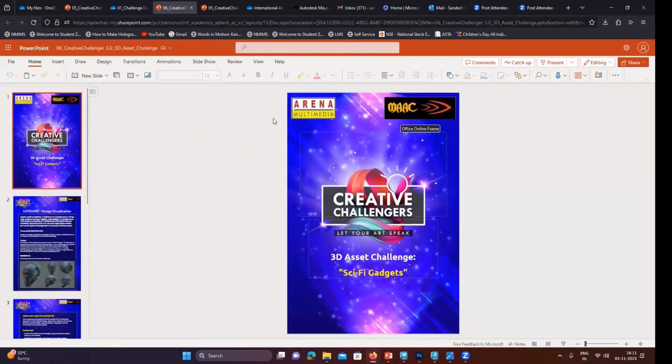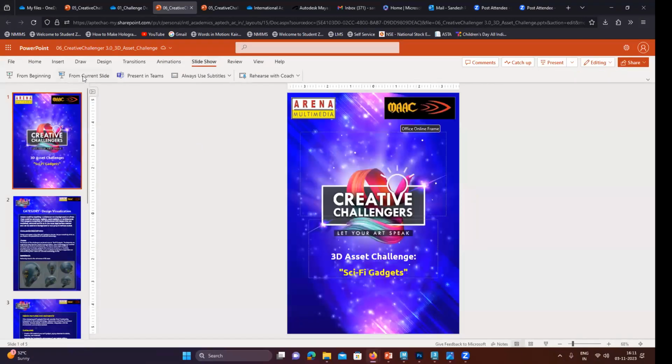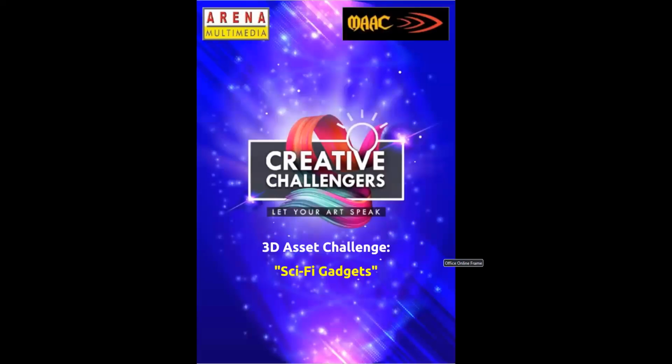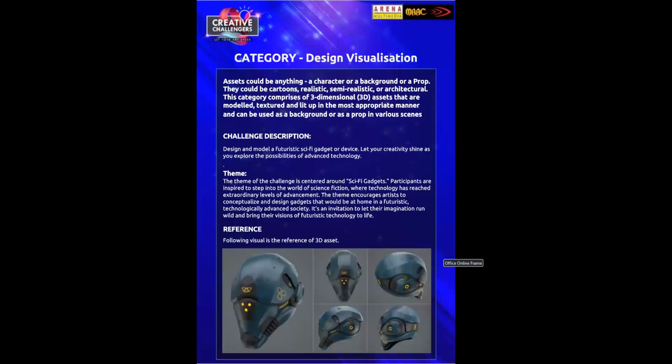Next is 3D asset. So obviously, here you will find all the descriptions based on the category 3D asset. So this is what you have to create. The reference has been given to you. Next are the guidelines you have to follow to create this object.